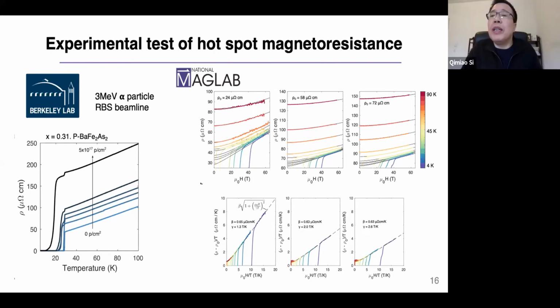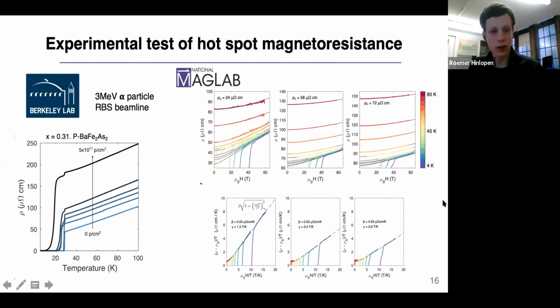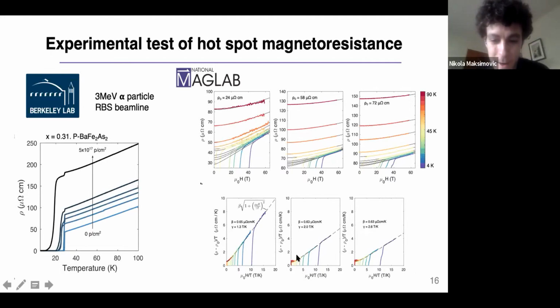Thank you for the talk. It's very interesting. On this slide, in the graph on the bottom right, if you zoom in on low h/t, you start to see deviations, whereas in the sample without irradiation, you don't see such deviations. Do you have any explanation for that? I can tell you why this is happening.